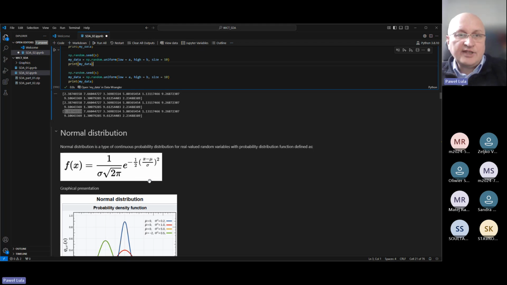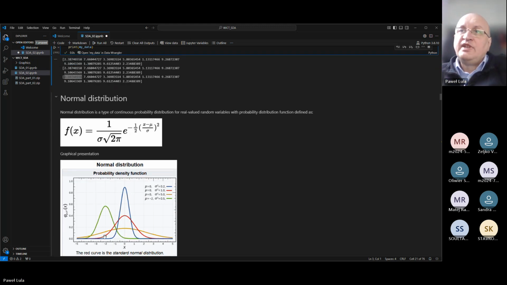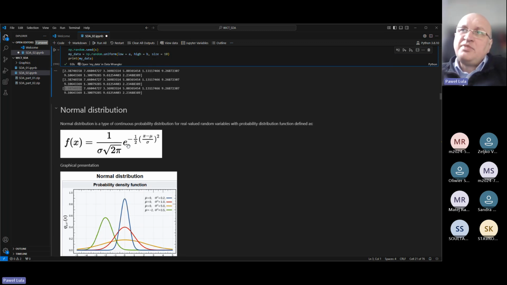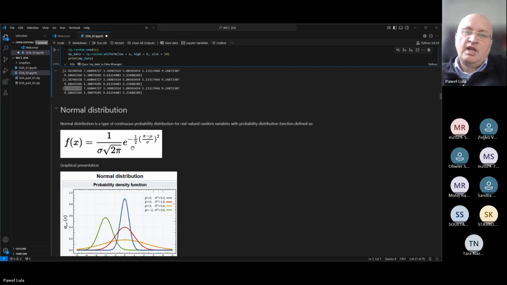So we see that the function used for defining the shape of the probability density function may be treated as rather complex. And this function has two parameters, mi and sigma.